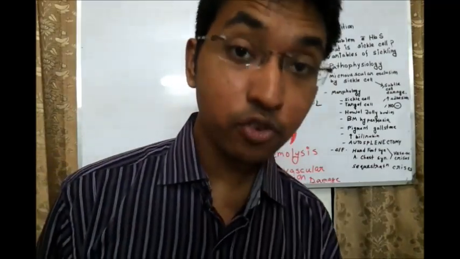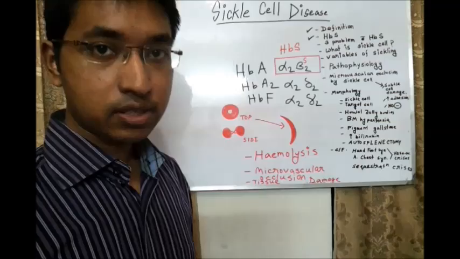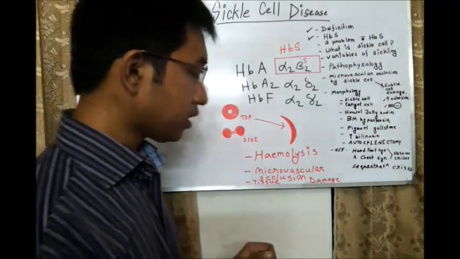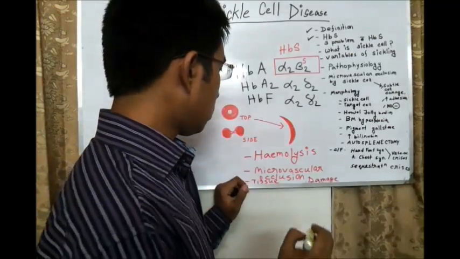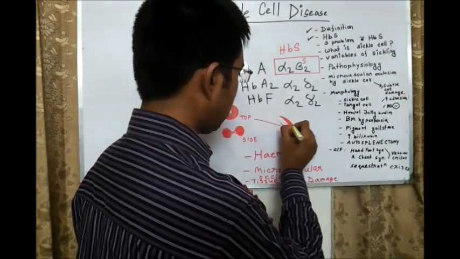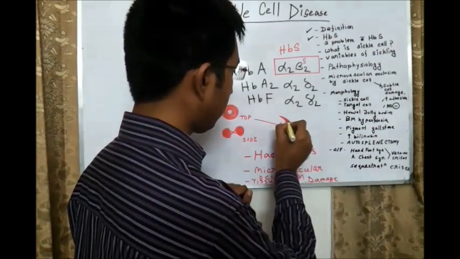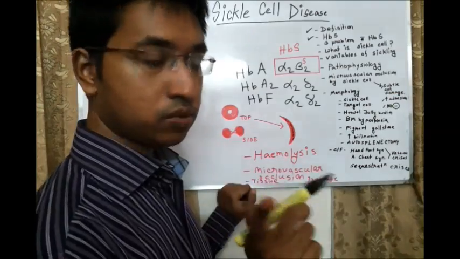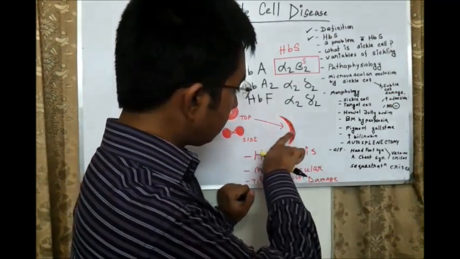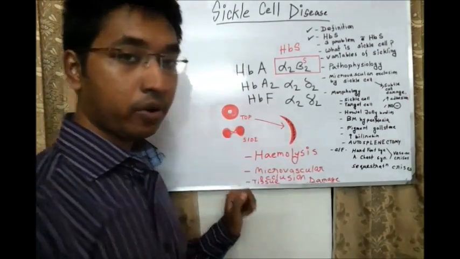The thing is, you have to remember, when hemoglobin S is polymerizing, it's forming some needle shape structure. For example, suppose I am drawing hemoglobin here. Actually, hemoglobins are red in color, but in order for you to understand, I am drawing it in black. Okay, so this is just for understanding. So they are making these type of needle shape structure when polymerized.